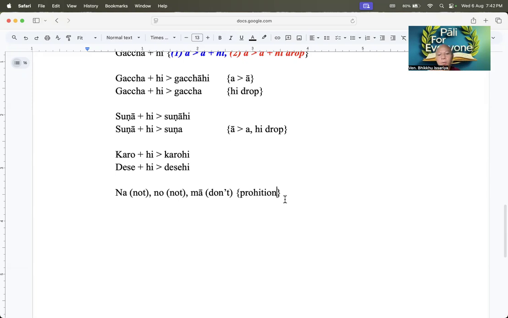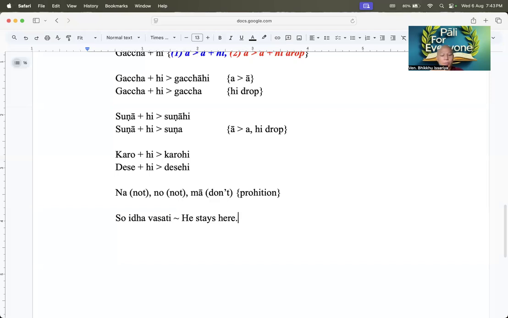So now, for example, one sentence we can say, idha vasati. So the meaning of that line is, he stays here.